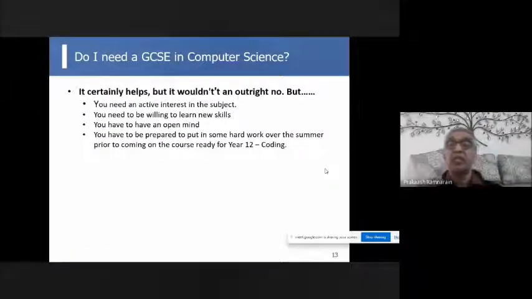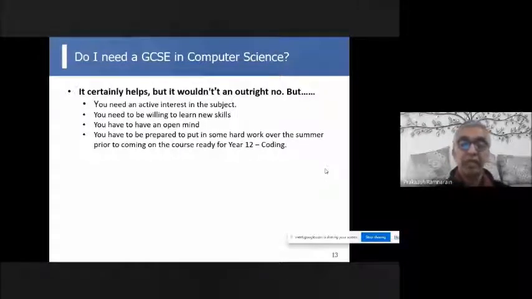Do I need a GCSE in computer science? Obviously, it is fundamental to have the foundation, which maps out what your particular future is going to be, and gives you the skill set that is needed to do computer science at A level. But that is not an outright yes, you need it. You have to have the ability and the acumen for it.